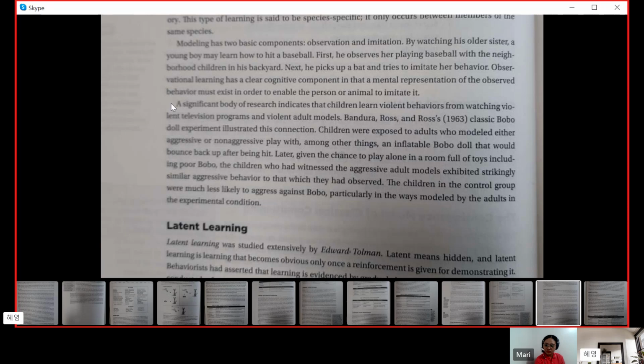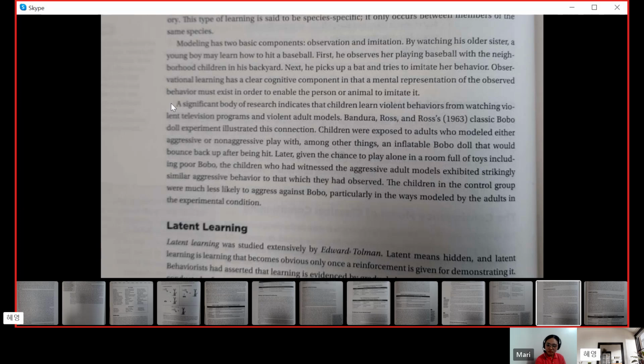Children were exposed to adults who modeled either aggressive or non-aggressive play with, among other things, an inflatable Bobo doll that would bounce back up after being hit.